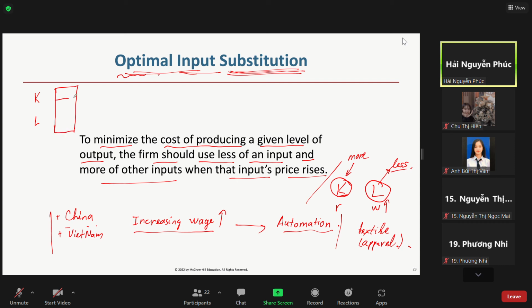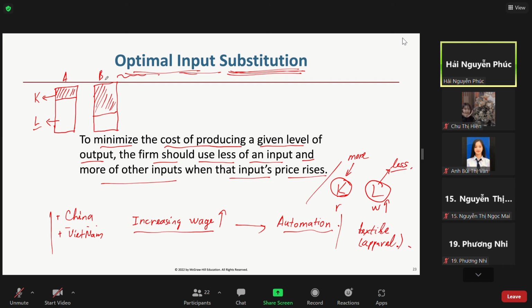If company A uses a small portion for capital and a larger fraction for labor input, let's compare with company B, which chooses to use more capital, and is going to use a smaller quantity of labor input.